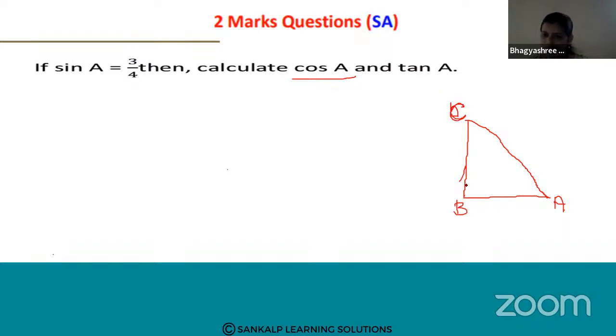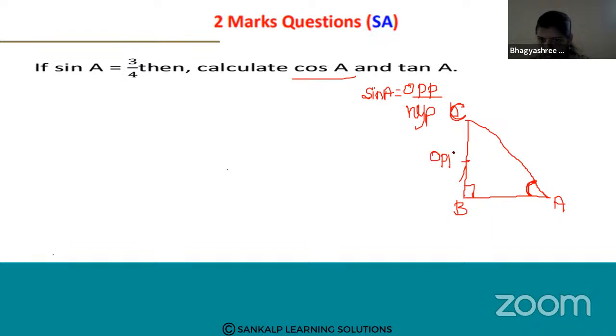So our right angle means 90 degrees is at B, and our angle theta is at A. So sin A is equal to 3 by 4. Sin theta means what? Sin A is equal to opposite side divided by hypotenuse, right? So which one is the opposite side here? Angle is at A, and the opposite of that angle is BC.